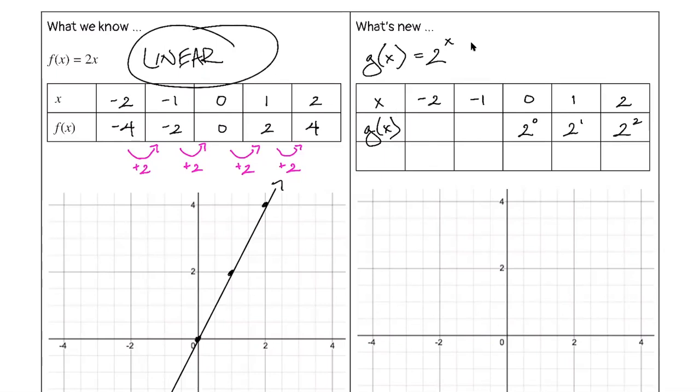Okay. What about when I plug in -1? We could write it the same way or as a fraction.